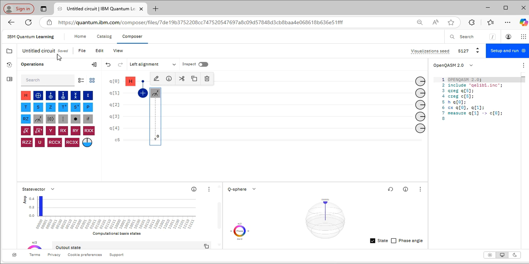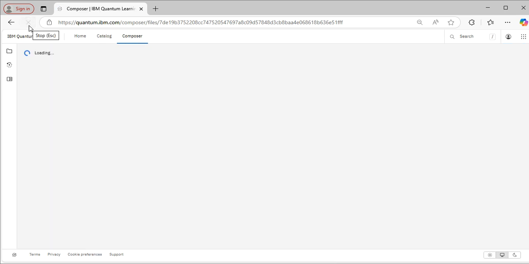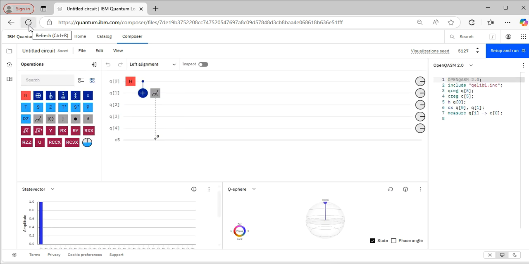I think this IBM platform is kind of running slow. Sometimes this platform runs slow, so it doesn't read out the changes you make right away. So it kind of throws you off. Yeah, I think that's what's happening, because it shouldn't be giving me this readout. It should be a lot faster than this.